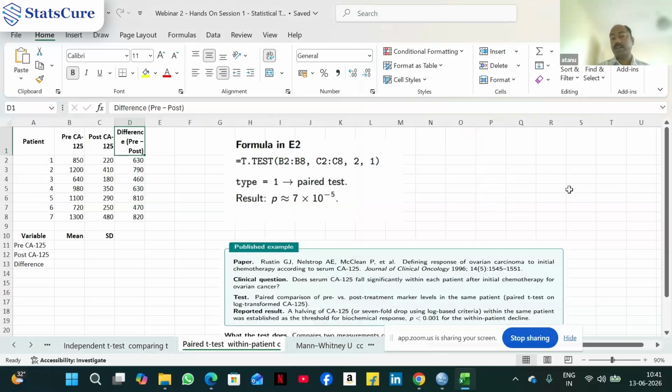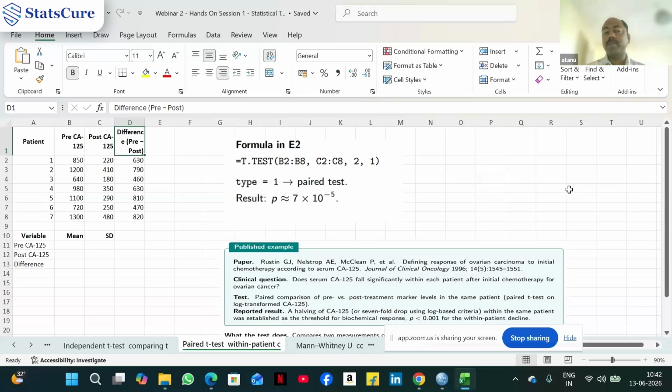So remember, the first time we showed this type of data structure, we showed that smokers and non-smokers have hemoglobin levels. We said that's not the correct structure, because under the smoker and non-smoker columns, we can't put the hemoglobin level values. But here, we put the pre-CA 125 and post-CA 125. So basically, the same column name is taken, and under that, we keep their values.